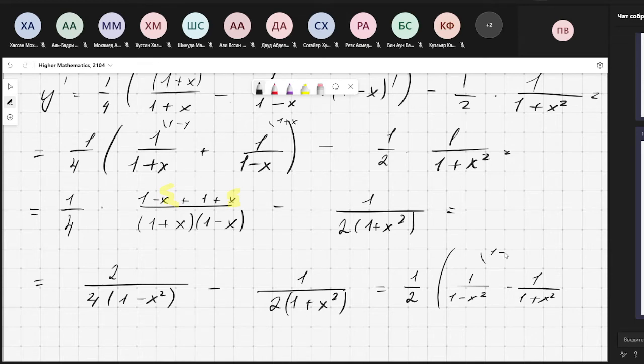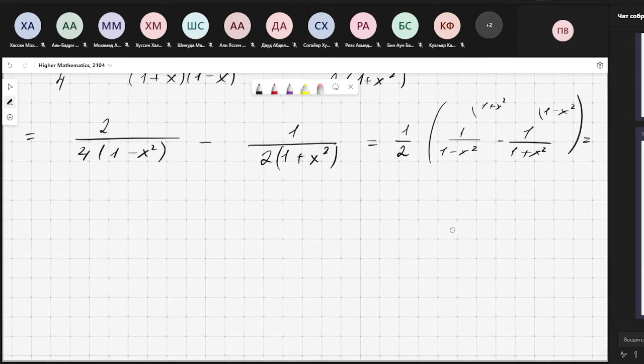Multiply by 1 plus x squared, both parts, numerator and denominator, and here 1 minus x squared. We can see 1 over 2 times 1 plus x squared minus 1 minus x squared over 1 minus x squared multiplied by 1 plus x squared.